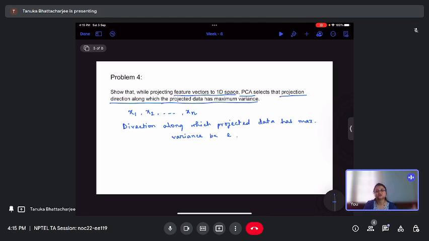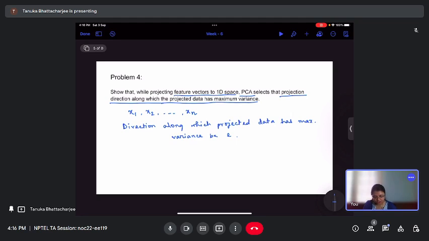So if you consider all possible projection directions, this will give you the maximum variance. So since we are just concerned about the direction, we will consider that E is a unit vector. So norm of E is 1.